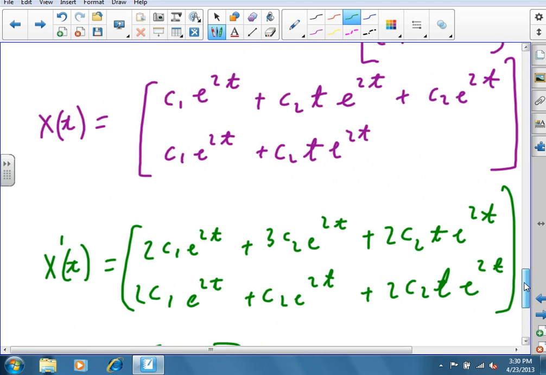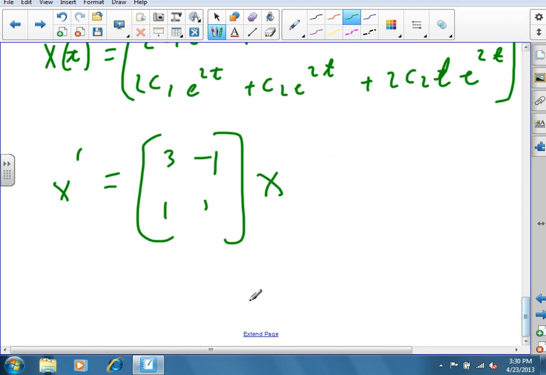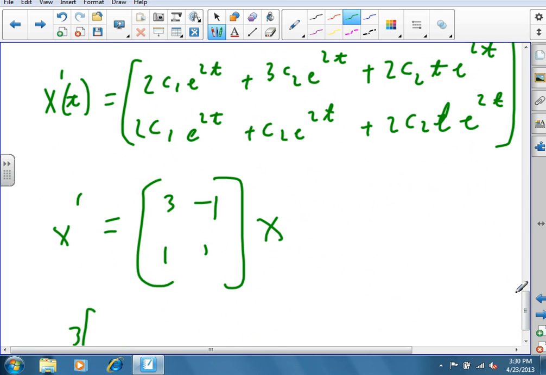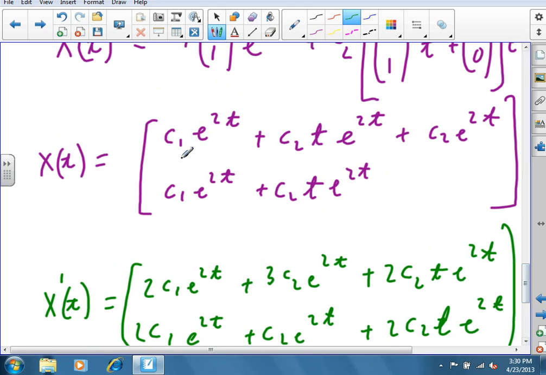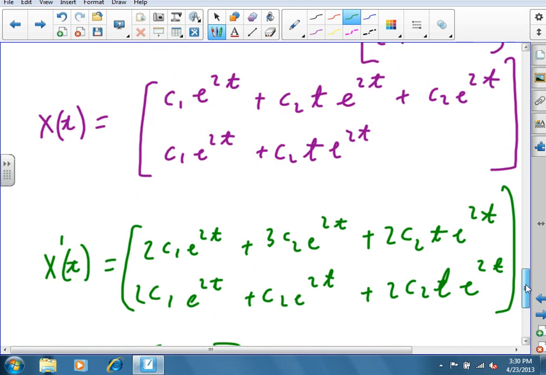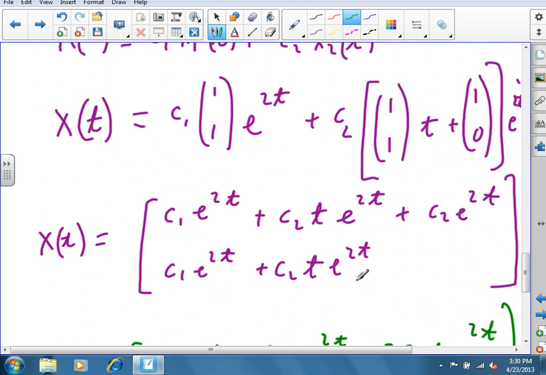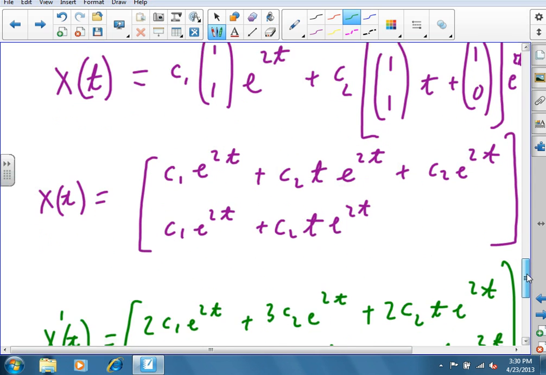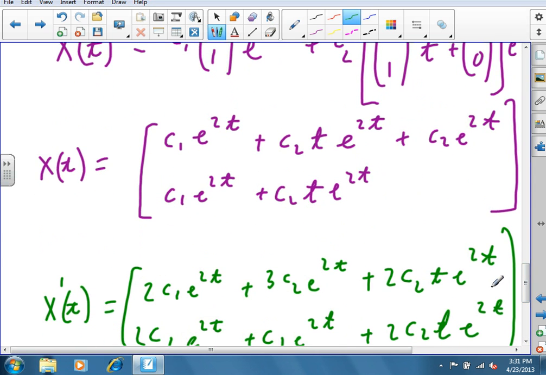If I take 3 of the top one minus 1 of the bottom one, do I get this? So 3 of this one minus 1 of that one gives me 2 of them, 2 of them, and 3 of them. So that checks, the first part checks.